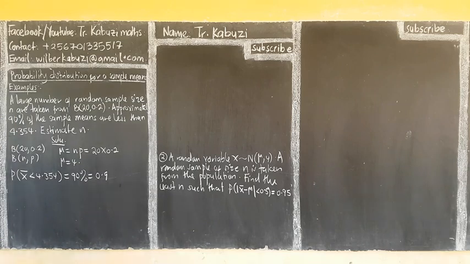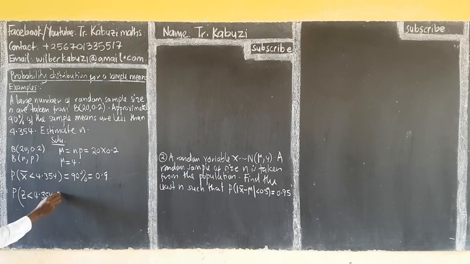Now this is a sample mean, so we standardize it. This will be the probability of z less than 4.354 minus our mean, which this time is 4, the whole divided by our standard deviation, sigma.